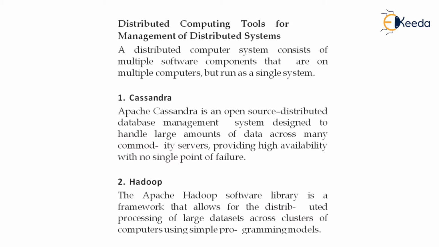The computers in a distributed system can be physically close together and connected by a local network, or they can be geographically distant and connected by a wide area network.